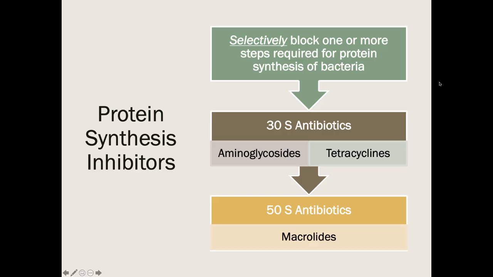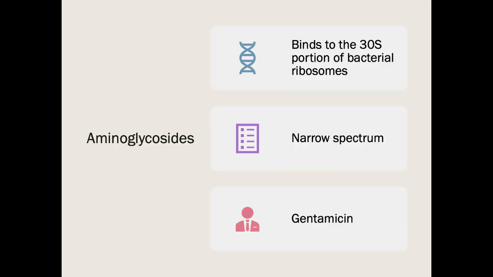So we've got tetracyclines in our 30S. I'm sure you've heard of some cyclines, and aminoglycosides, and we've got macrolides that block the bacterial 50S proteins. So with our 30S proteins, we have aminoglycosides. The big one in this category is gentamicin.